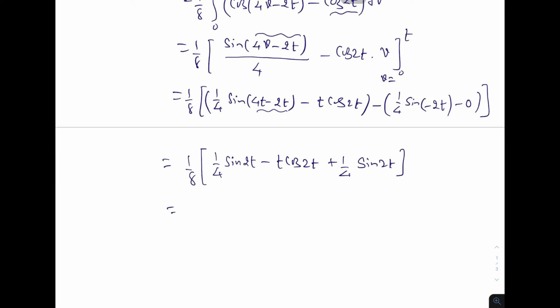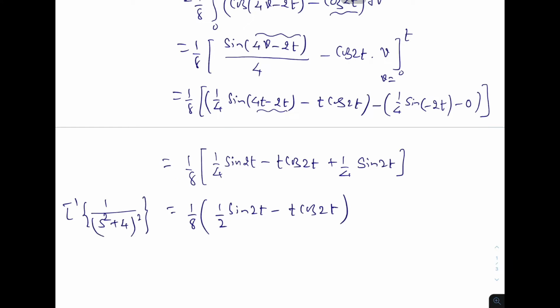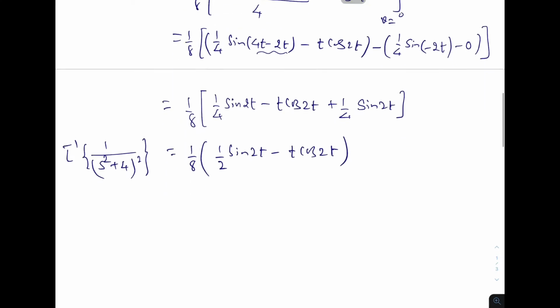So this is nothing but 1 by 8 times (1 by 2 sine 2t minus t cosine 2t). This is the inverse Laplace transform of 1 over (s square plus 4) whole square. Okay, let us take one more example.